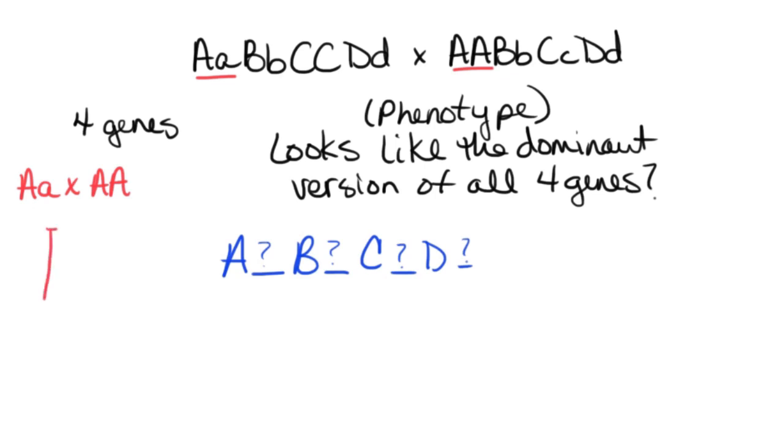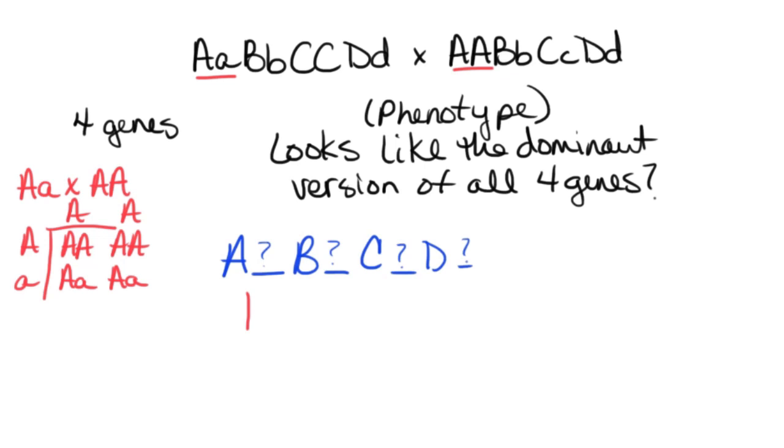So when I do the Punnett square for this, in this particular scenario, what you'll find is that really every single one of these happens to be matching this thing that we want here. So every single one of them is going to look dominant for A. So the way that we would write that is that our probability of getting a big A look is going to be just 1, or 100%. So that's my probability for the A's.